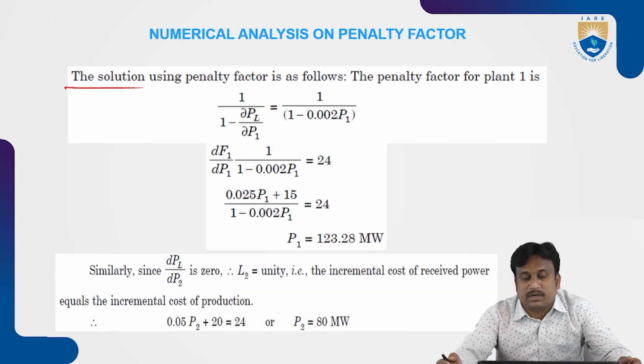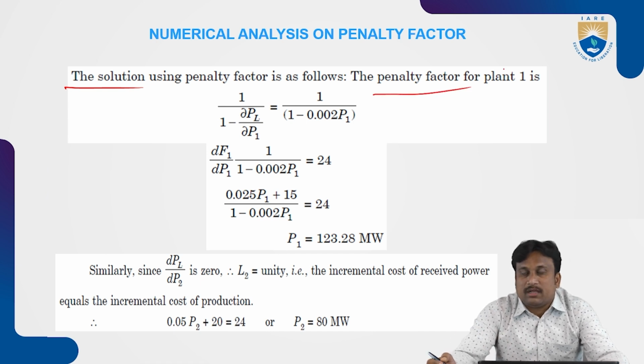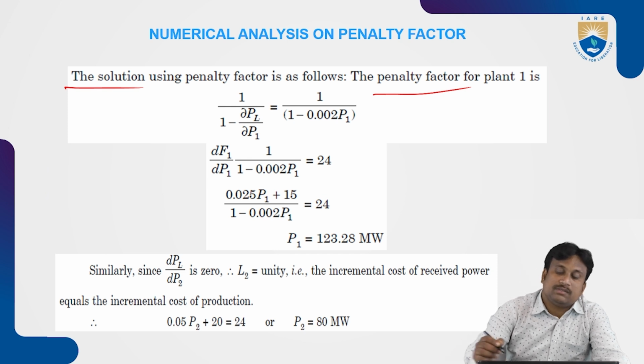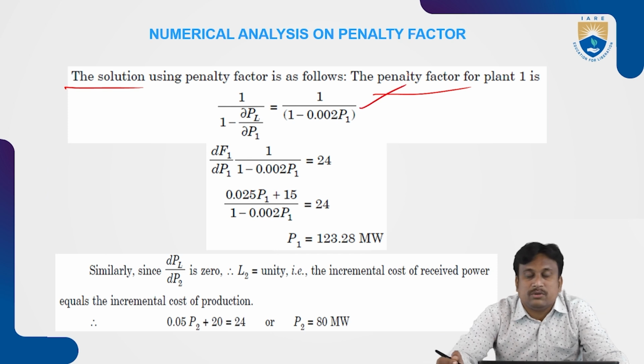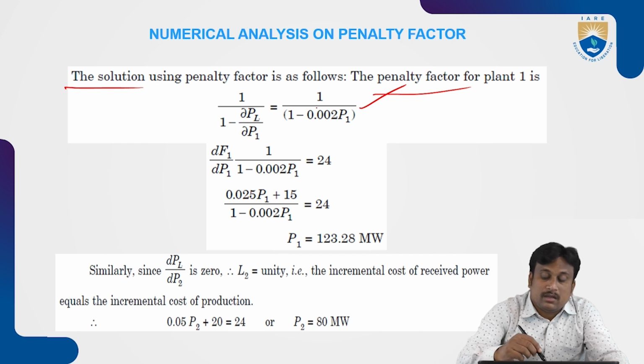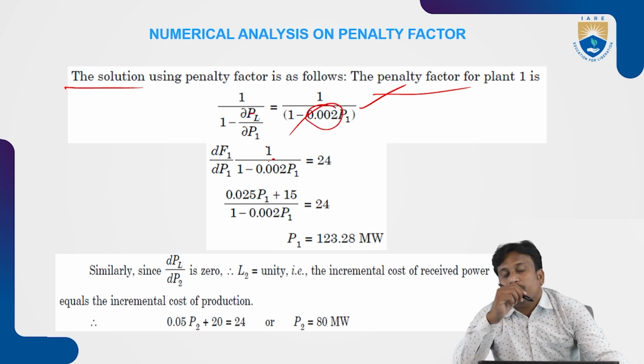So the solution using the penalty factor is as follows. The penalty factor for plant 1 is 1 by 1 minus dou PL by dou P1. That is 1 by 1 minus 0.002 P1, where 0.002 is dou PL by dou P1.